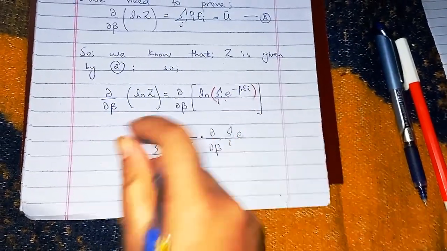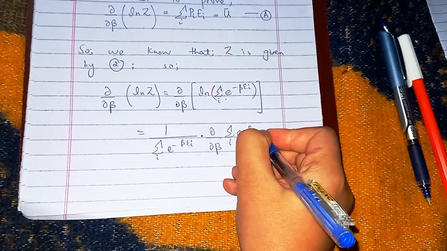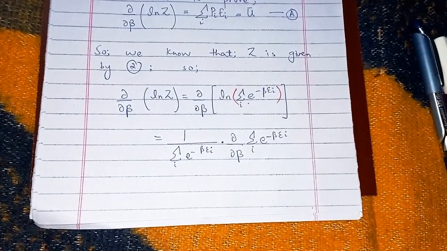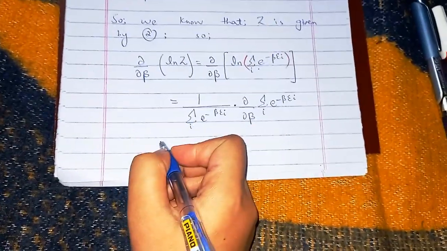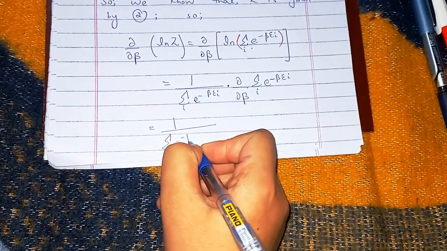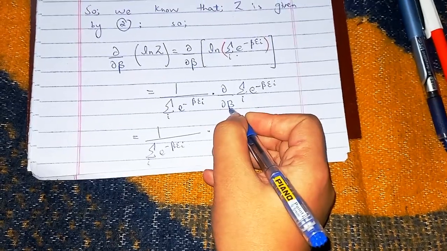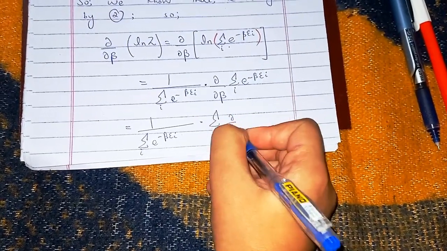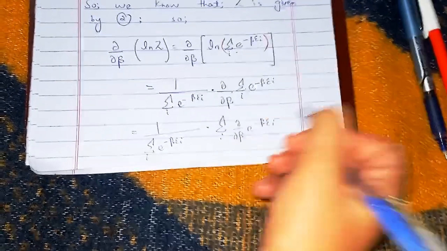So 1 over the inner term and the derivative of the inner term, that's how the derivative of logarithms works. Then we need to simplify it now. This term remains like that, it will not be simplified, but here the partial by partial beta will be applied on the inside summation because beta is inside here.